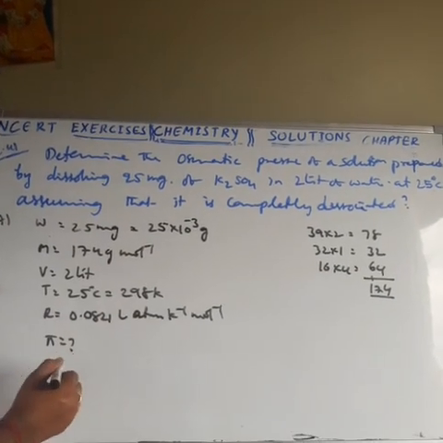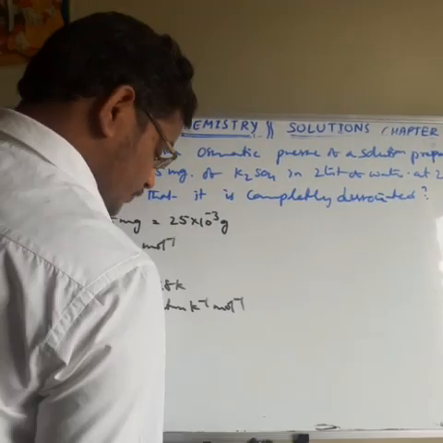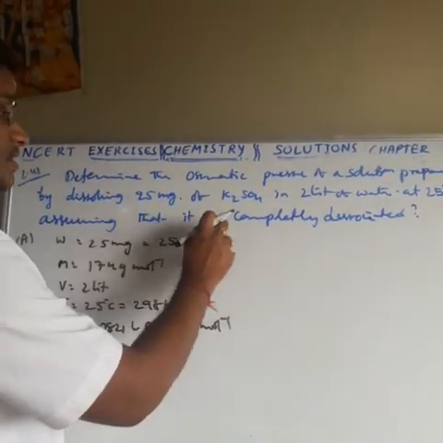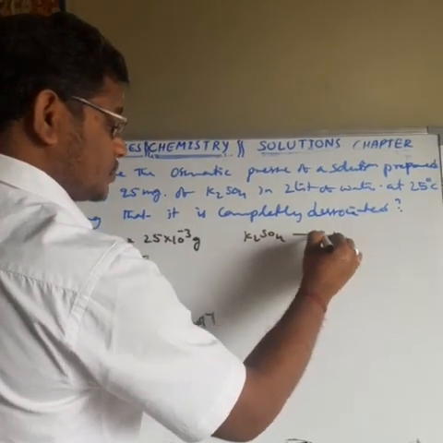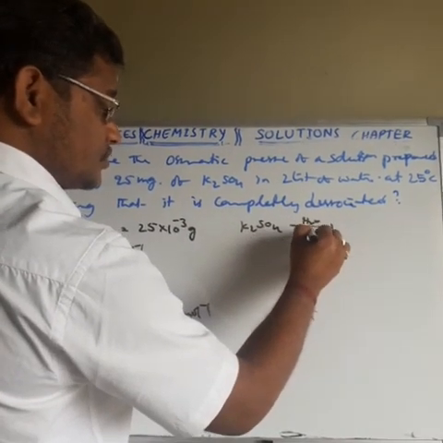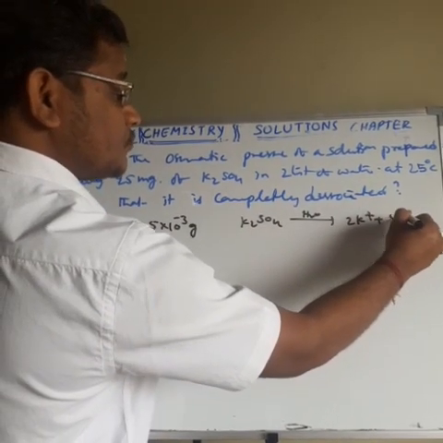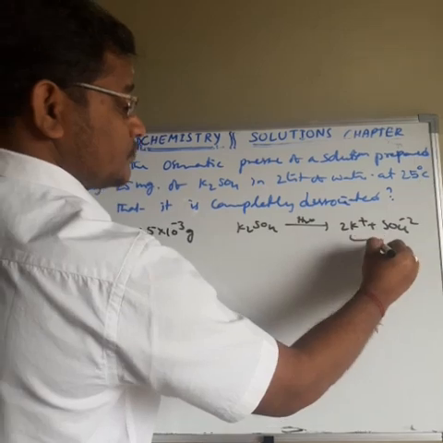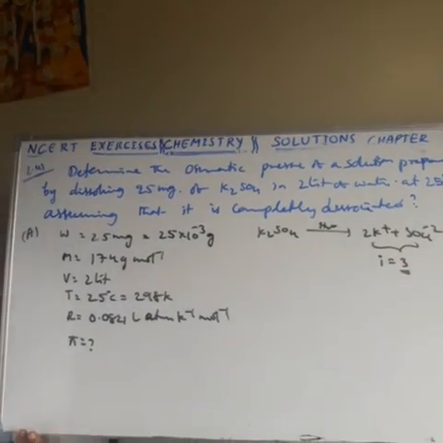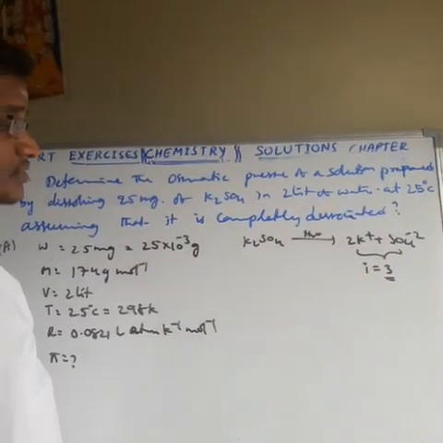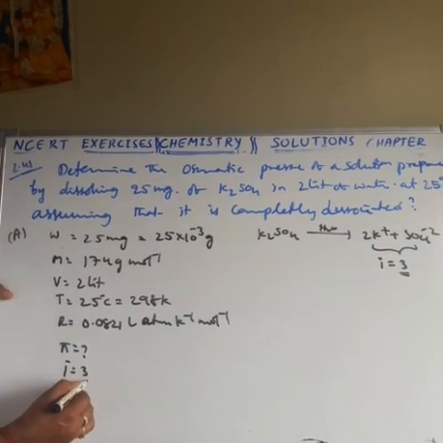Then the i value is obtained from potassium sulfate. Here the question says assuming that it is completely dissociated. Potassium sulfate undergoes complete dissociation to form 2K plus and SO4 minus 2. How many ions are formed here? 3 ions. That's why the i value is 3. Understood? It is 3 ions, so i value is 3.